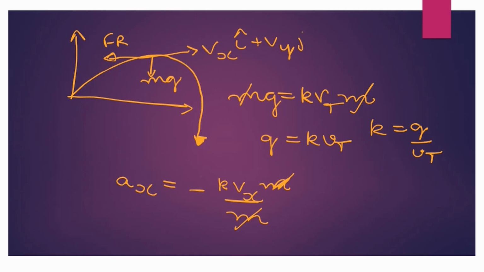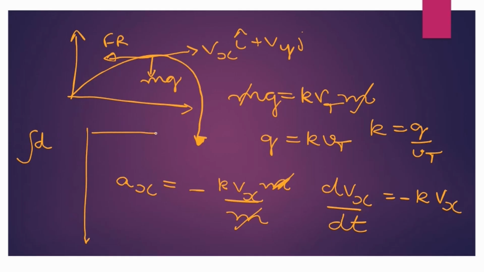Now they want velocity as a function of time. So from here I'll write dv_x by dt is equal to minus k times v_x. So if I integrate, write it down carefully, I am doing the next calculation here.